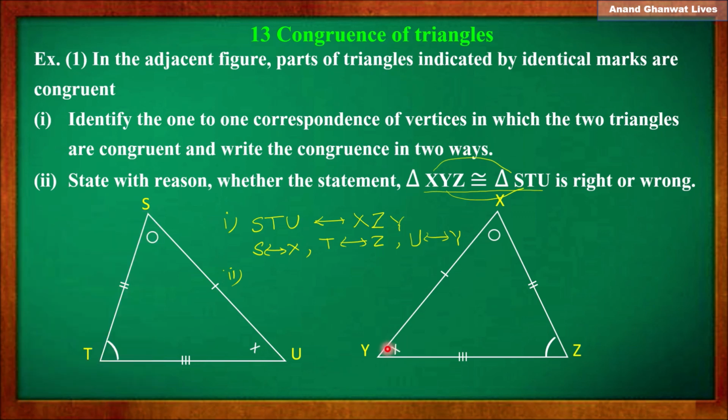Actually angle Y is not congruent with angle T. It is congruent with U. So these two triangles are not congruent in this order. The statement triangle XYZ congruent with triangle STU is wrong.